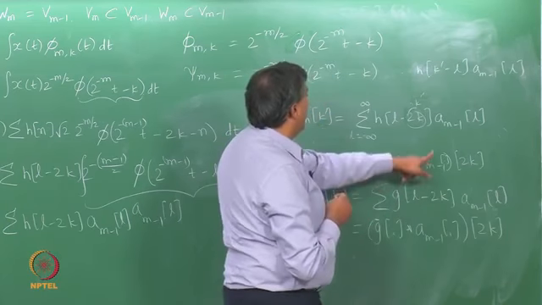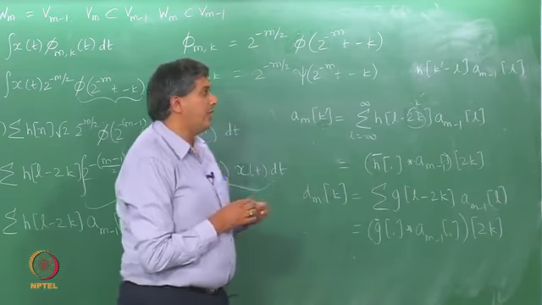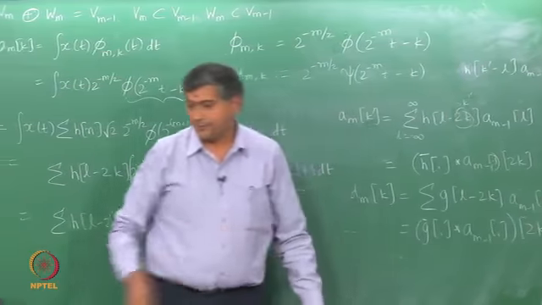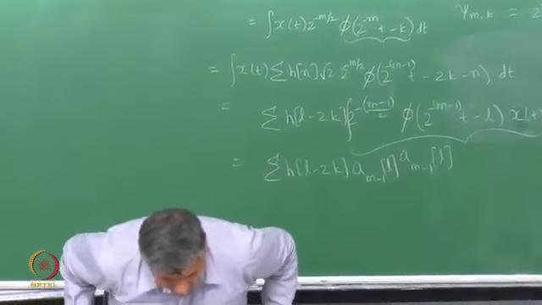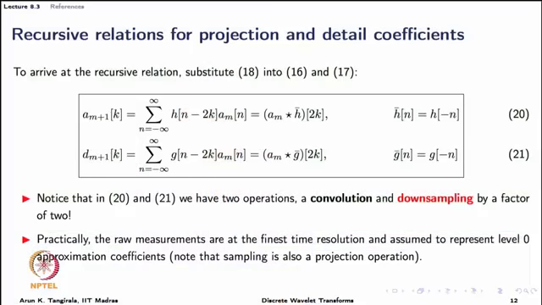Therefore, it is not a convolution with H, but a reflected version of H, and that is what you see in equations 20 and 21. Apologize for the mistake. Okay. So, we have two operations, of course, convolution and downsampling in addition to the reflection.